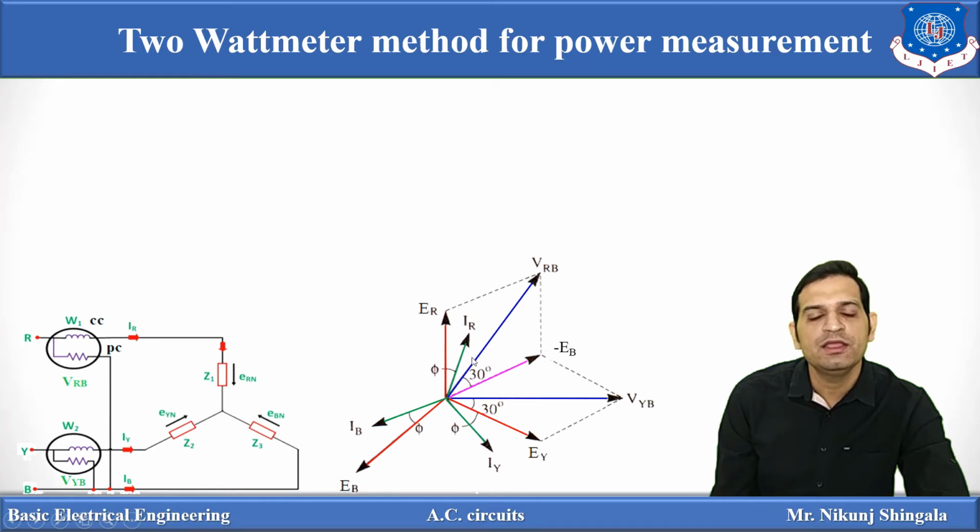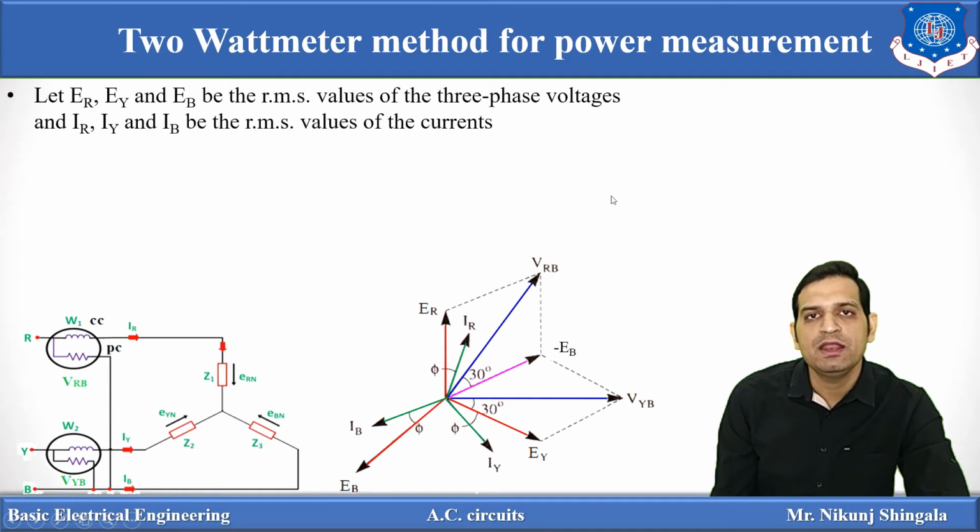It will be 30 degrees, which we also discussed in the previous video lecture. The angle between VYB and EY will also be 30 degrees, because the line voltage leads the phase voltage by 30 degrees for a star connected system. And as all the sides are equal, because this is a balanced system, the angle between ER and VRB will also be 30 degrees.